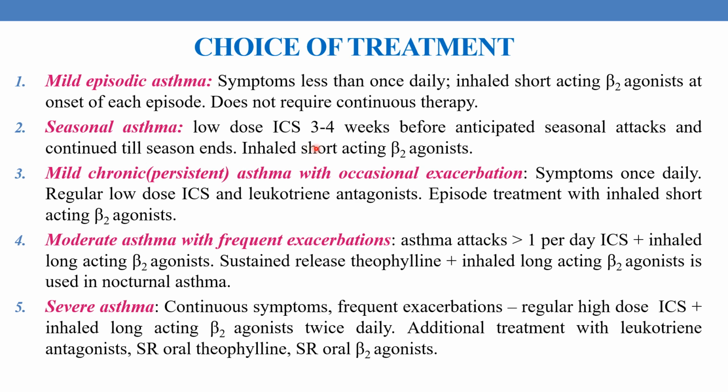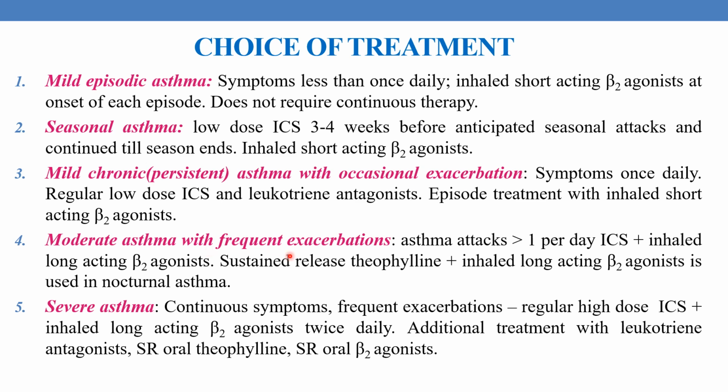In some cases, inhaled short-acting beta-2 agonist also works. For mild chronic asthma with occasional exacerbation, symptoms occur once daily. In such cases, regular low dose of ICS, which is inhalational corticosteroid, and leukotriene antagonists can be given. Episodic treatment with inhaled short-acting beta-2 agonist is advised.